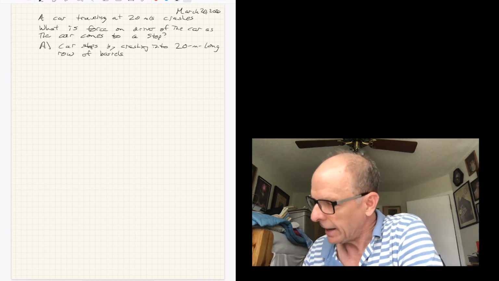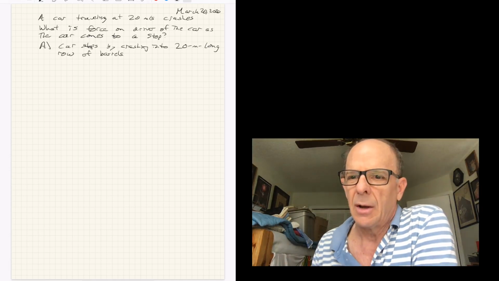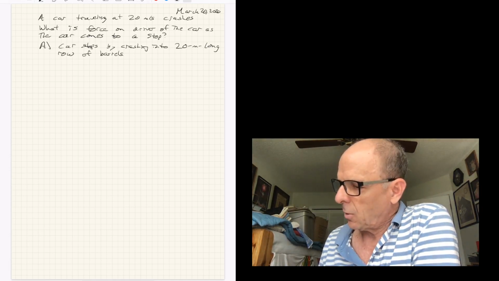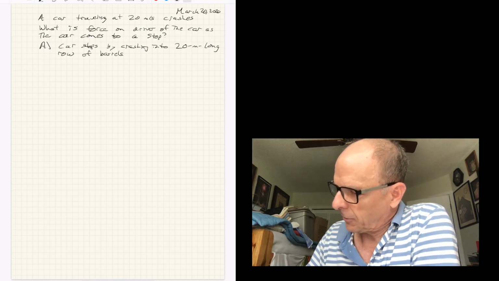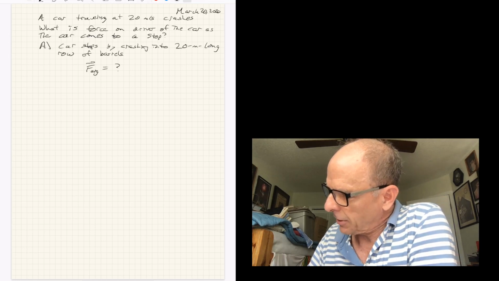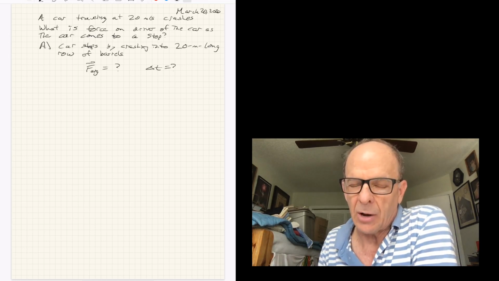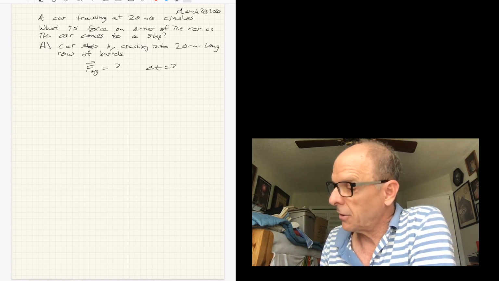So let's do part A first. Car stops by crashing into a 20-meter long row of barrels. Okay, we're asked about a force. So we want to know what's the average force acting on the driver. We don't know the time that the car takes to come to a stop, in other words, the time that that force is acting on the driver.